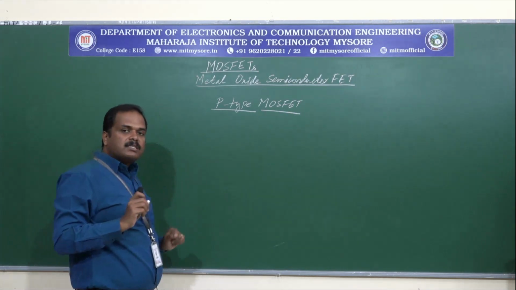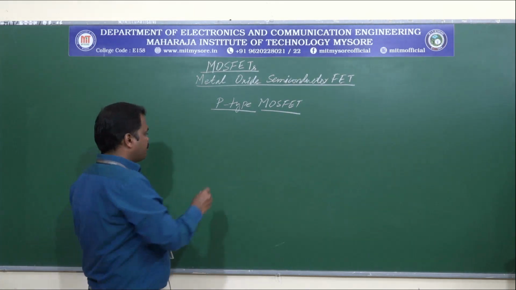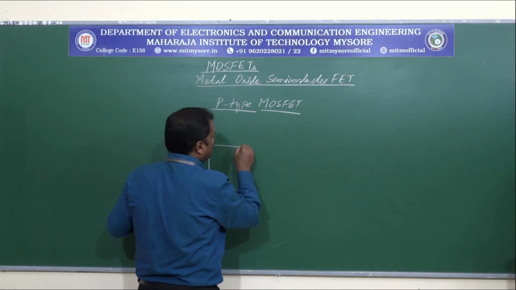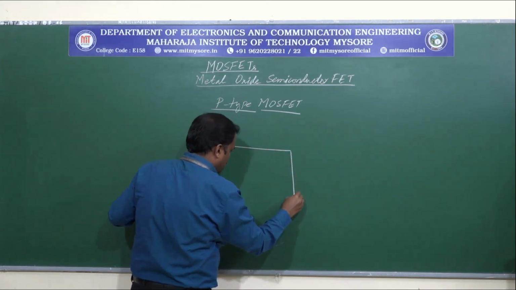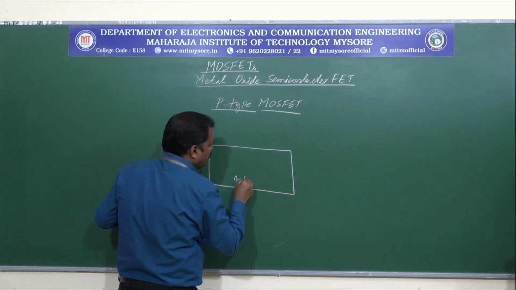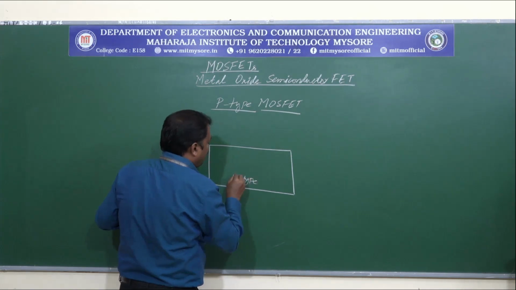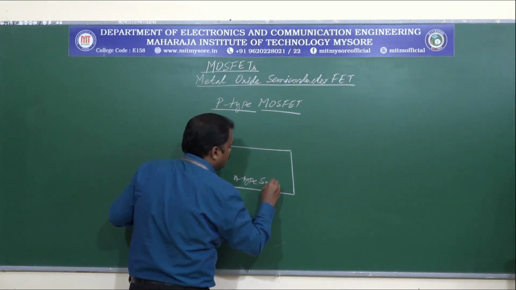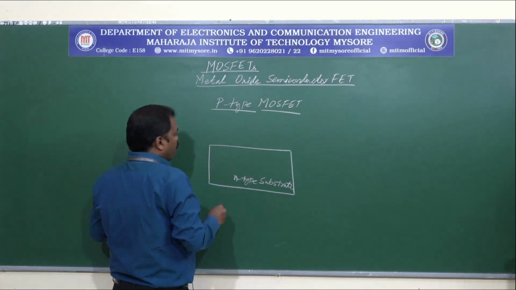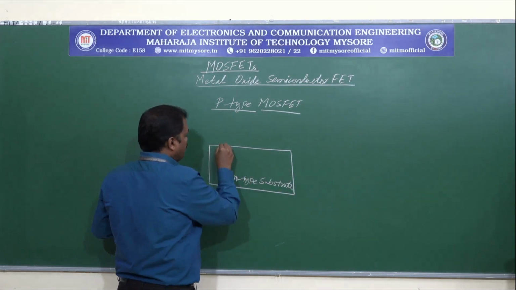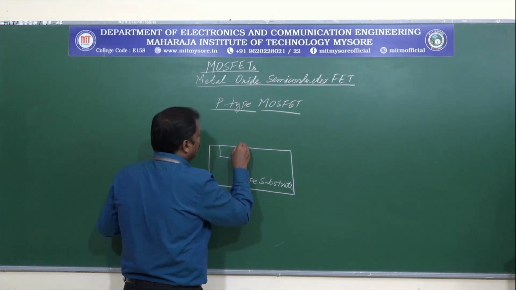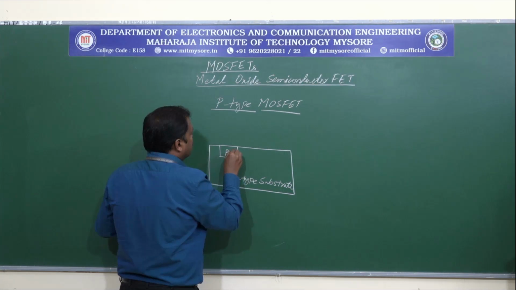So here we start with N-type substrate first. So this is N-type substrate where we will be diffusing P plus regions.